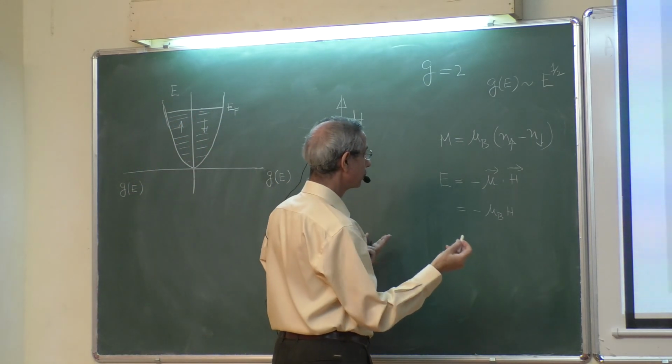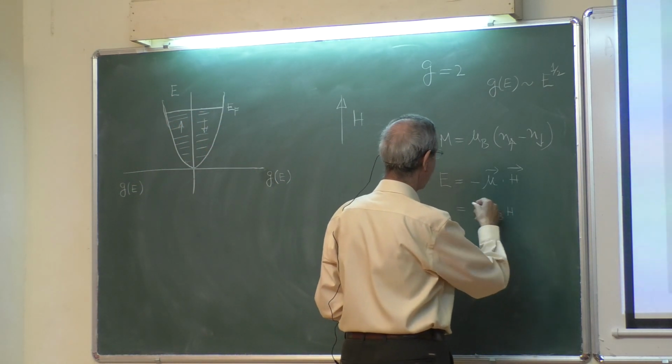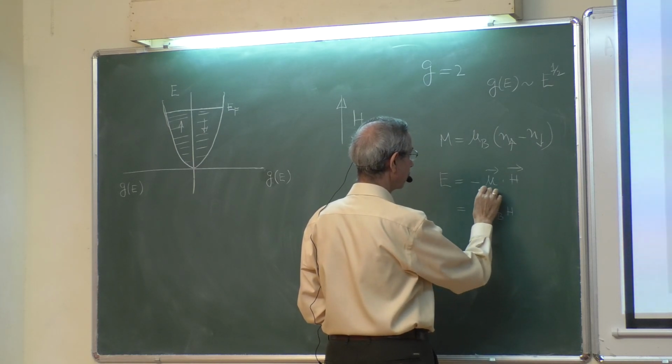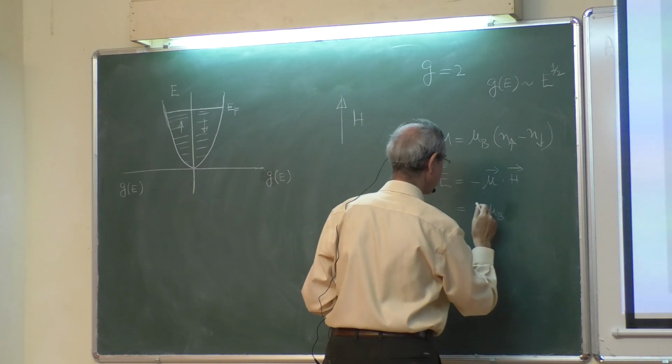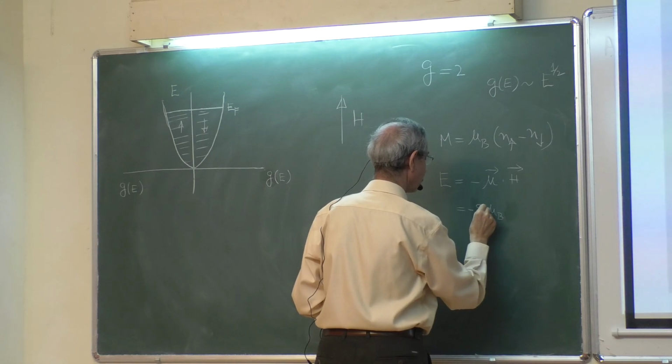So the energy is g mu beta S times H, let me write it so there is no confusion.